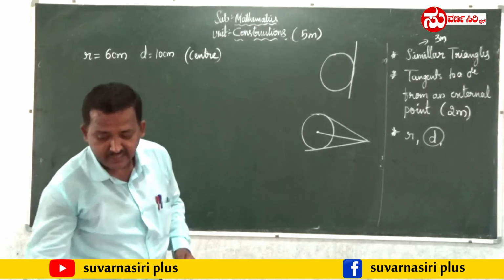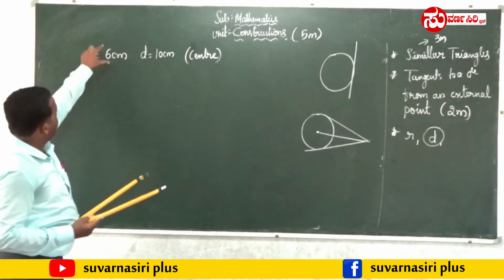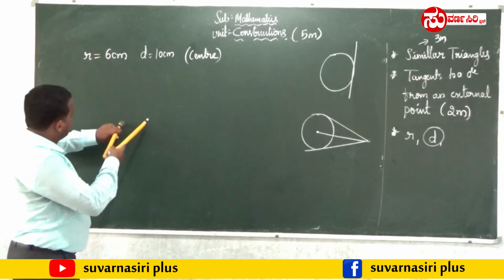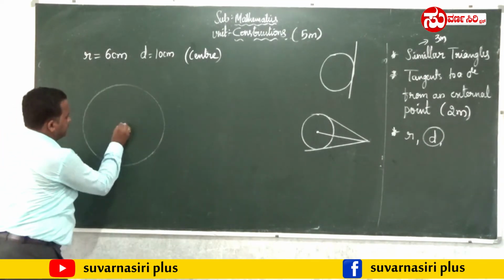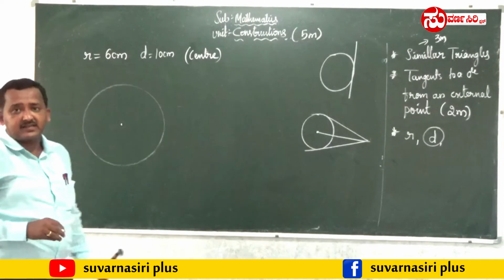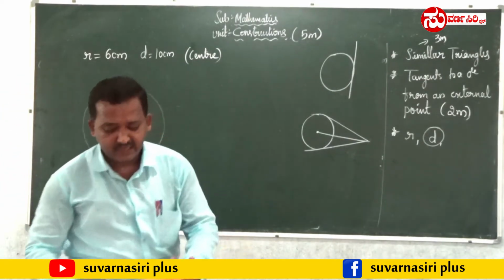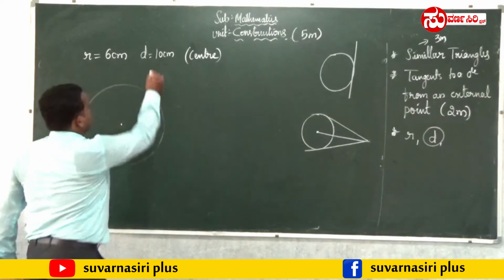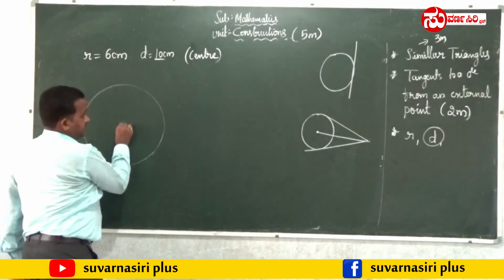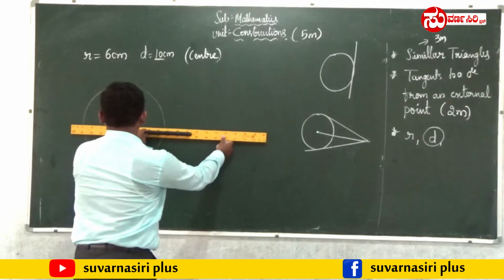So first thing is we should draw a circle of 6 centimeter. So here is a circle of radius 6 centimeter. Then you should take 10 centimeter from the center. You should draw an external point. So I am going to take it here.